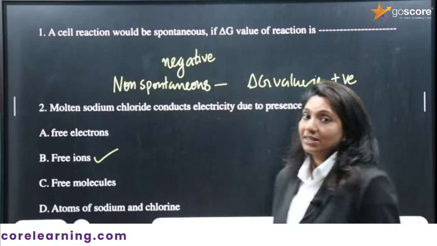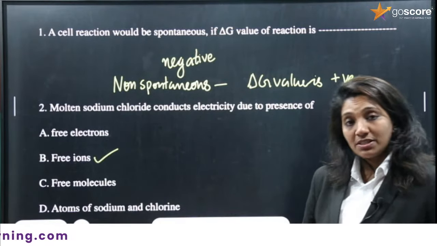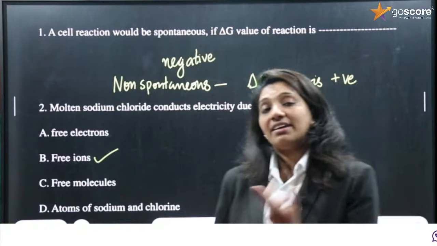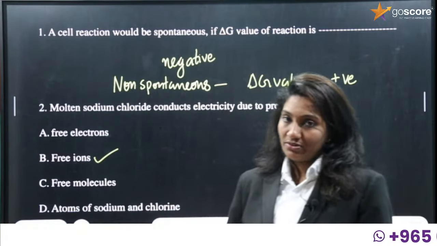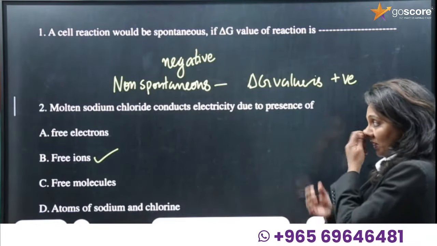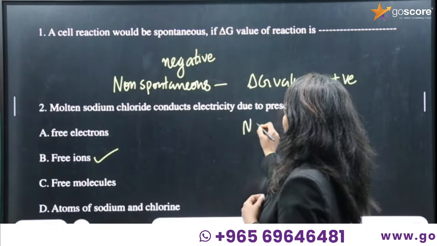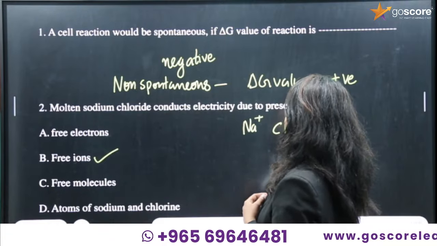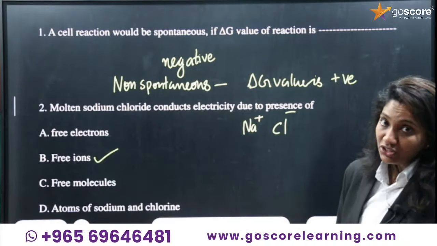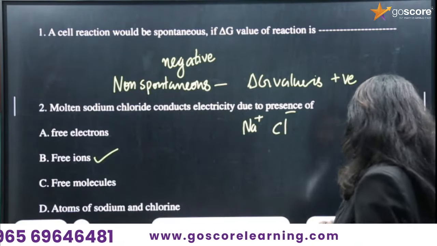And for solid substances, or metal rods or any surfaces, to conduct electricity, they have to contain free electrons. Since in molten sodium chloride there will be Na plus ions and Cl minus ions, these free ions are responsible for the conduction of electricity.